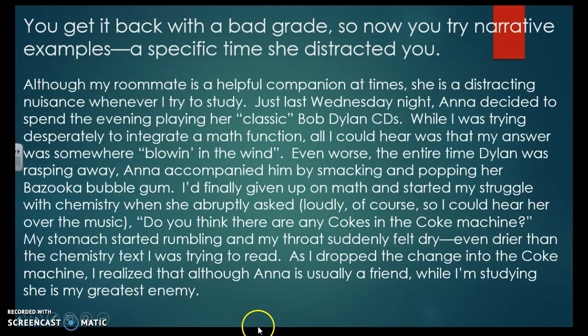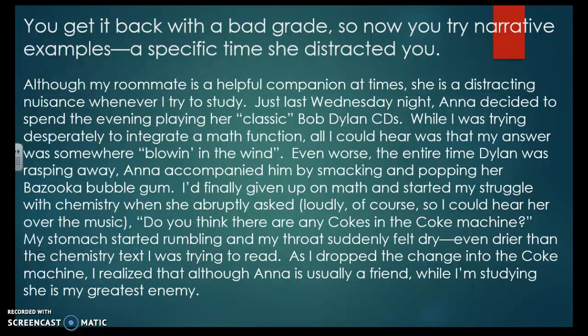Try narratives. "Although my roommate is a helpful companion at times, she is a distracting nuisance whenever I try to study. Just last Wednesday night, Anna decided to spend the evening playing her classic Bob Dylan CDs. While I was trying desperately to integrate a math function, all I could hear was that my answer was somewhere blowing in the wind. Even worse, the entire time Dylan was rasping away, Anna accompanied him by smacking and popping her bazooka bubblegum.